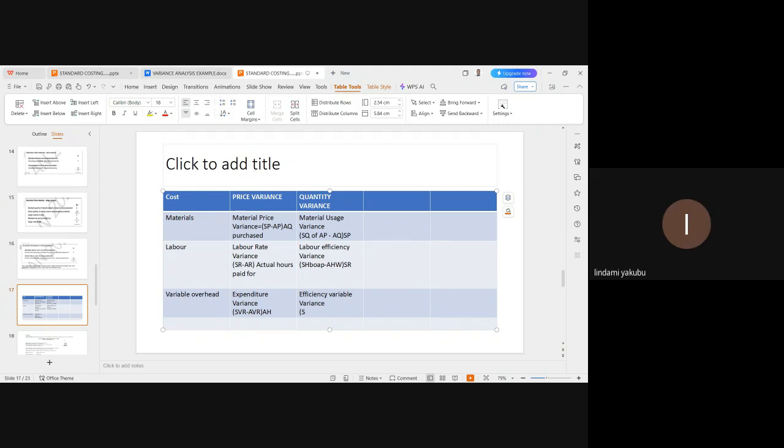I guess it's going to be the standard hour minus the actual hour times the standard rate per hour, standard rate of the variable overhead per hour. Yes, so it's still going to be the same formula as that of labor.